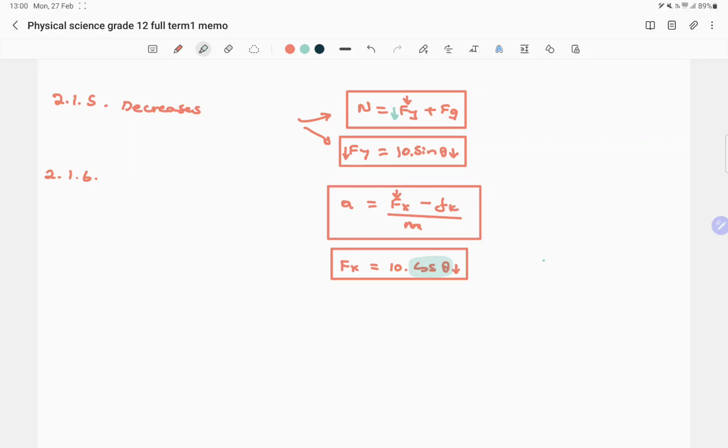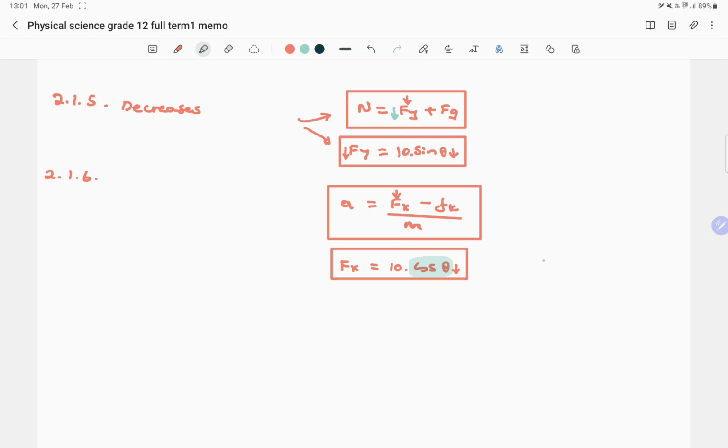With cos, it's a different story. When you decrease the angle, the cos increases. I don't know if I'm making sense. Let's just put it to the test. Cos of 5 is 0.99, which is around 1. Let's look at it in terms of 30 versus 20.